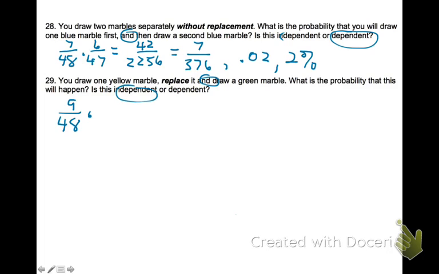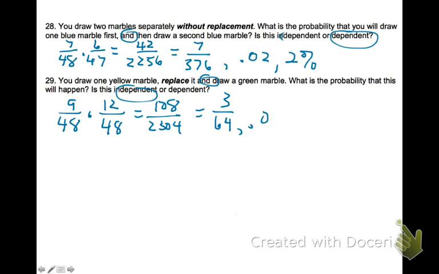We put that marble back. We have 12 green marbles and still have a total of 48 since we replaced. We'll multiply straight across and get 108 over 2,304, which will reduce to 3/64, 0.05 or 5%.